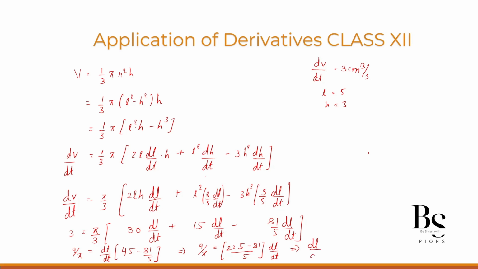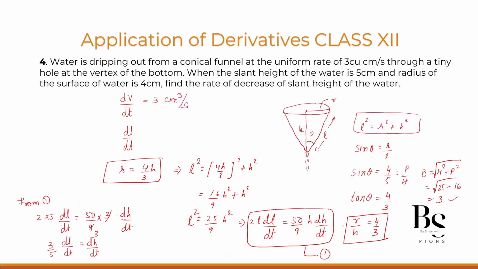Correct? And this implies dL by dt. Let's cross multiply. So 9 5s are 45 upon 144 pi. Correct? So 45 upon 144 pi, this is the way the slant height is changing.